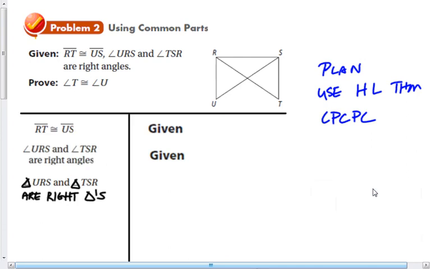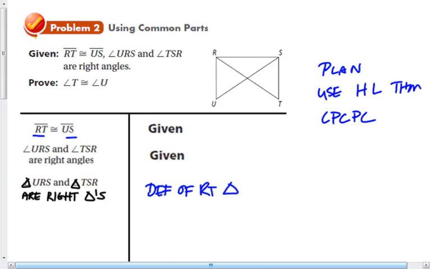All right, so I have my givens. From my givens, I get that triangles URS and TSR are right triangles, and that's just by the definition of a right triangle. And then I have RT is congruent to US. So that's the hypotenuse.